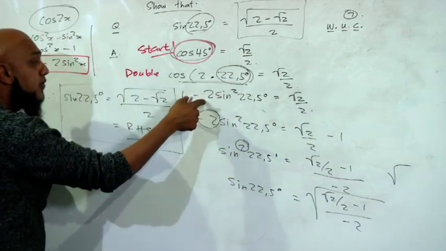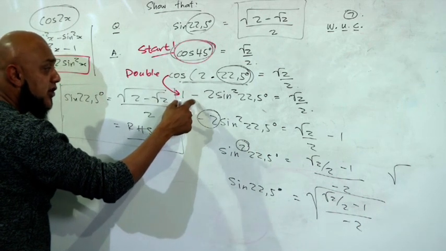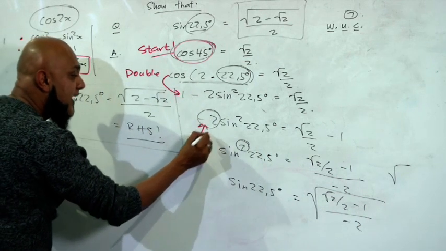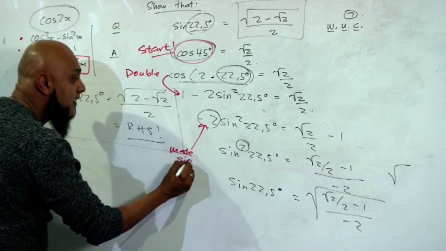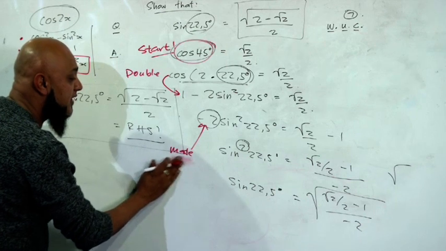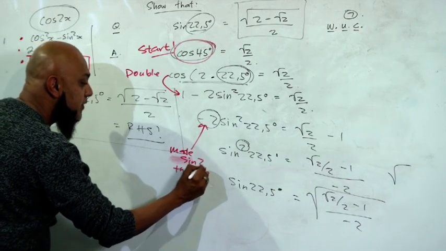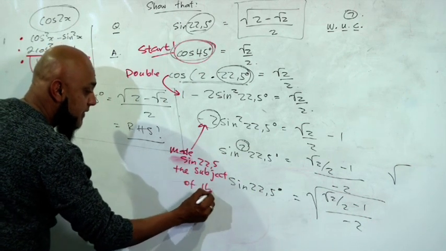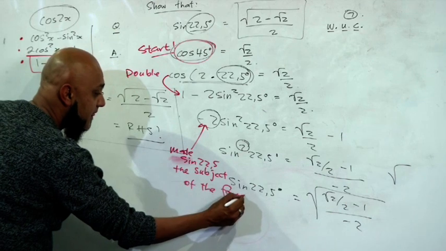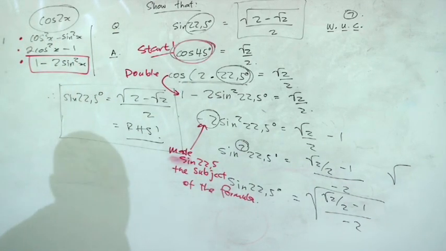Now, all you have to do is change your cos to sine, and all we did there was make sine 22.5 the subject of the formula. And there we go. After that, guys, the problem just works itself out.